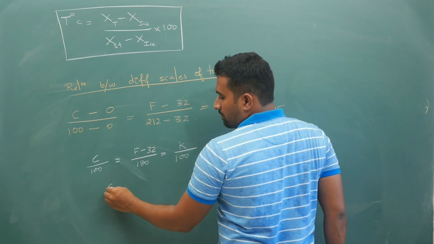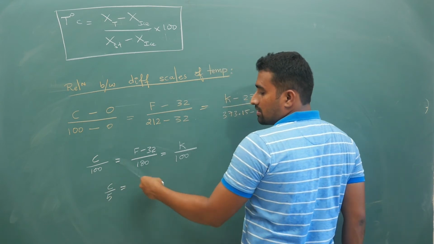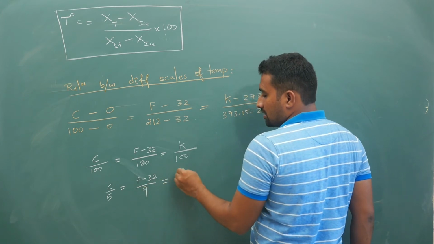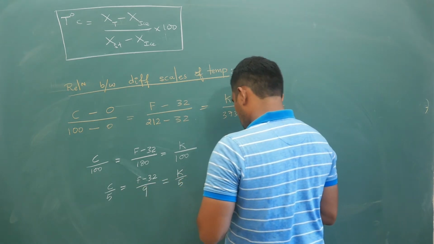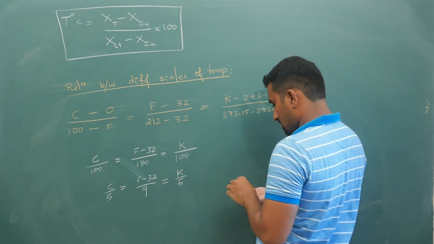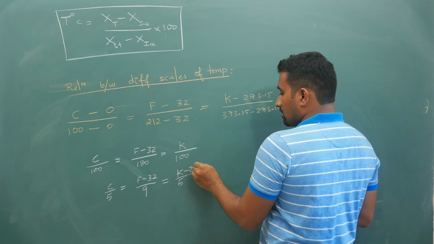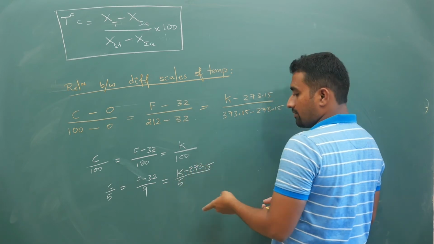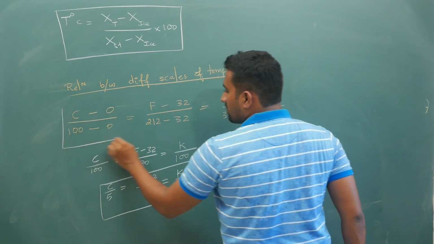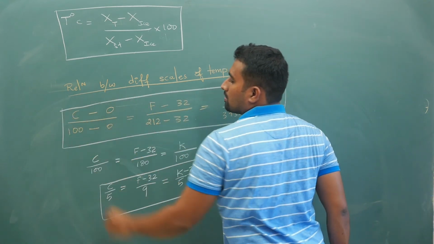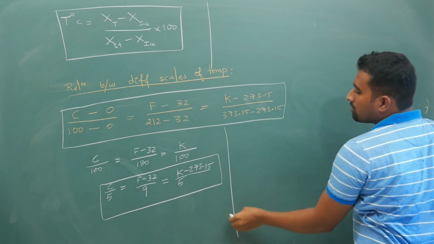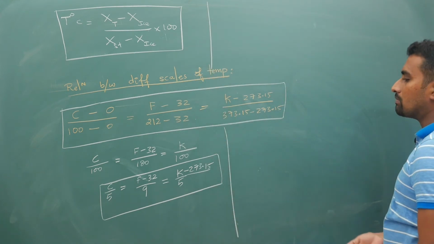Now take 20 common in the denominator: C by 5 is equal to F minus 32 by 9, which is equal to K minus 273.15 by 5. So this is your relation between different temperature scales. My advice is remember the top box, don't just remember the bottom box, but it's better if you remember both.